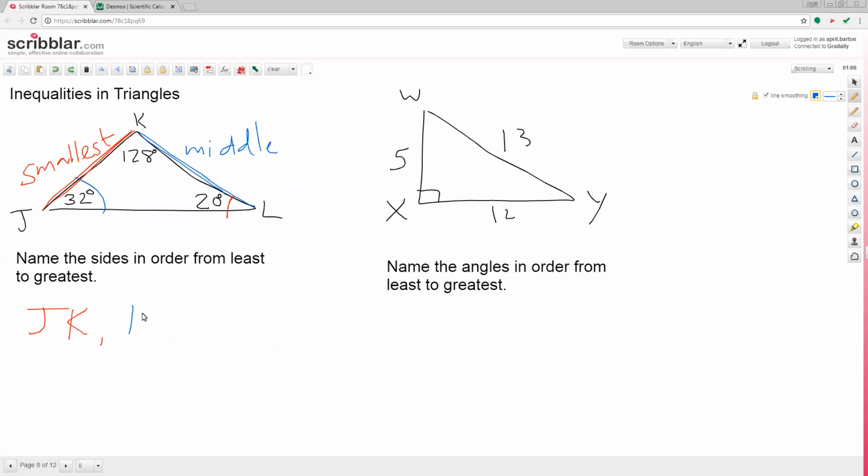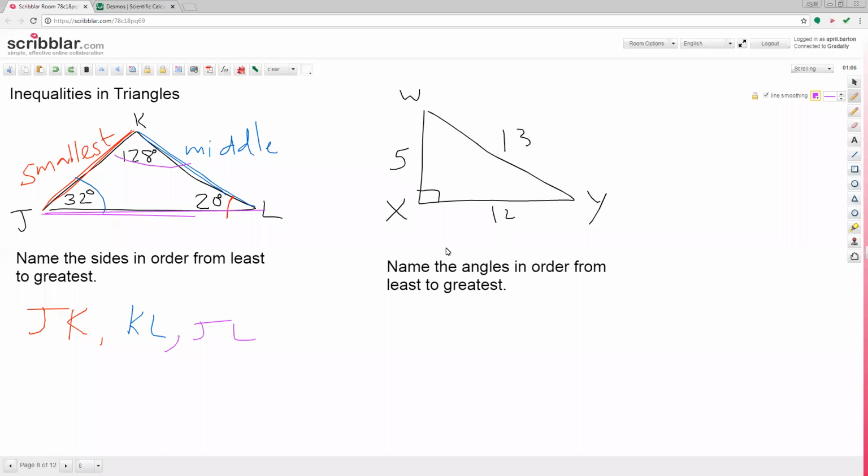We just need to know, hey, KL is the middle side. And then the biggest is across from the biggest angle. The biggest side is JL. And you don't have to keep the same order. You could go LJ, and that's still the largest side. You just have to use each letter to name this side.